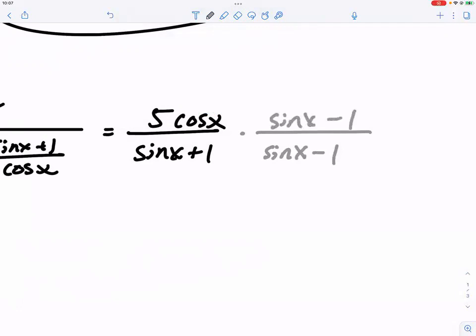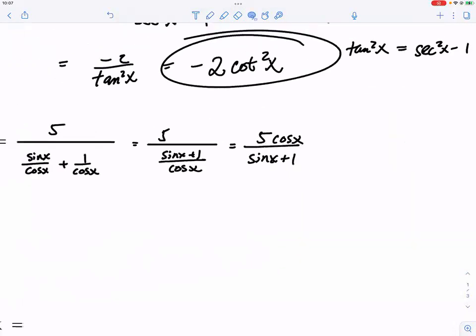I can entertain this idea because I'm thinking that if I do this, I can get something simple in the denominator. But well, that would be sine squared minus 1, which is related to cosine square x. But it's not really that simple, simplified anyway. So nothing much we can do here.